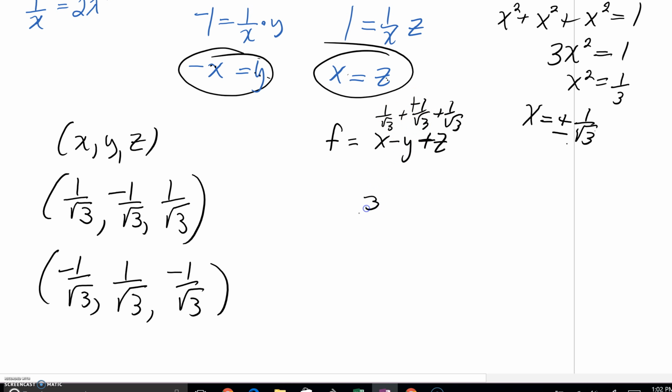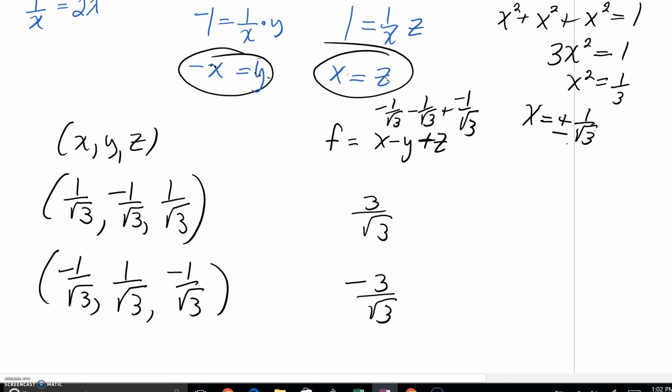Well, a 3 over root 3, right? Isn't that what we'd get? And then you'd say, well, what if we made these negative? If I had a negative 1 over root 3 minus a 1 over root 3 plus a negative 1 over root 3, what would that be? Negative 3 over root 3.